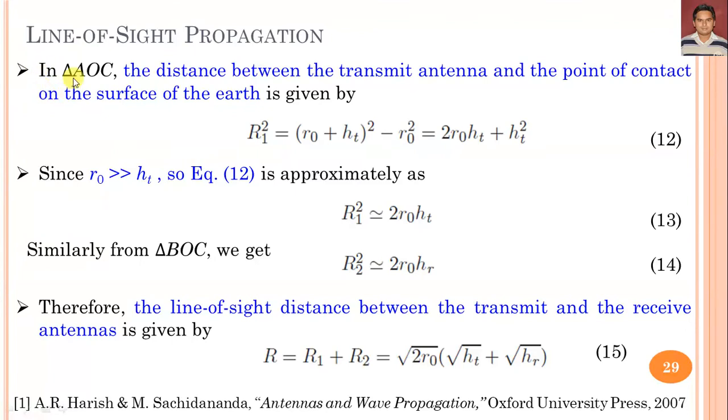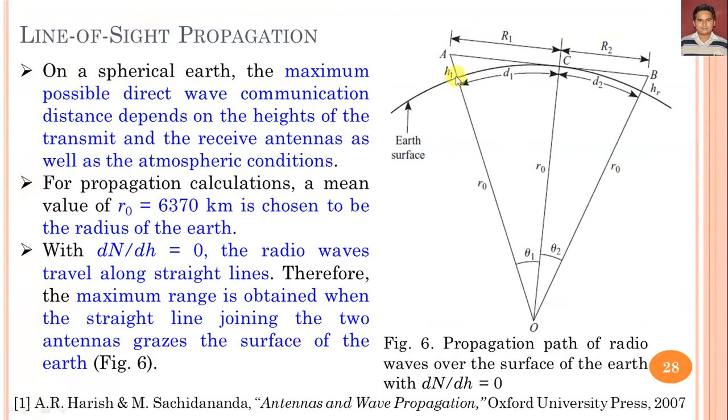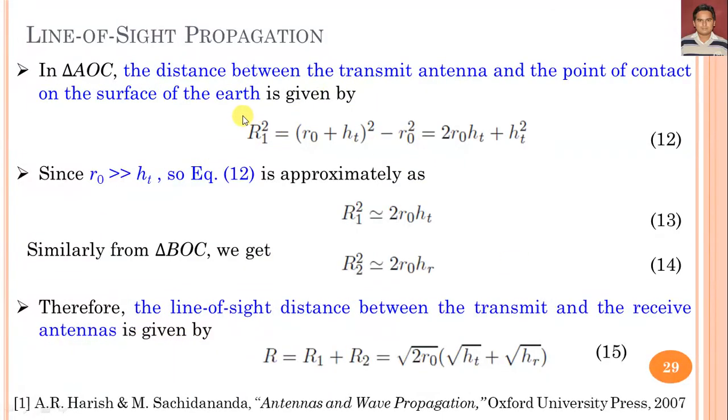First we consider the triangle AOC. Here you can see A, O is the origin and C is the center point, and we can see that (R naught plus HT) square is equal to R1 square plus R naught square by simple geometry. So we can get the value of R1 square; considering the condition R naught much greater than HT, R1 square is nearly equal to 2 R naught HT.